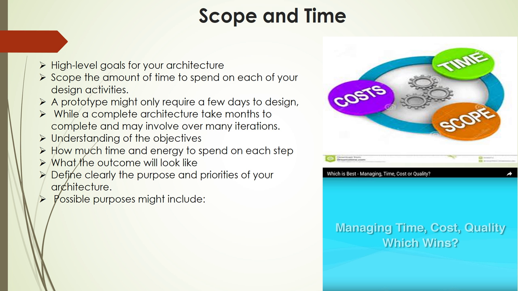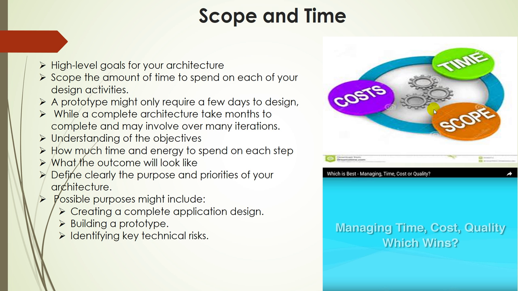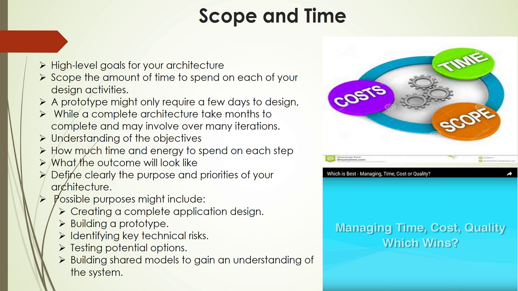Possible purposes might include creating a complete application design, building a prototype, identifying key technical risks, testing potential options, and building shared models to gain an understanding of the system.